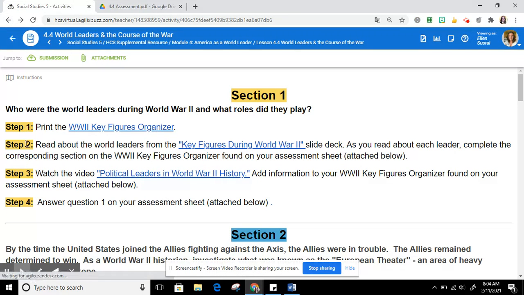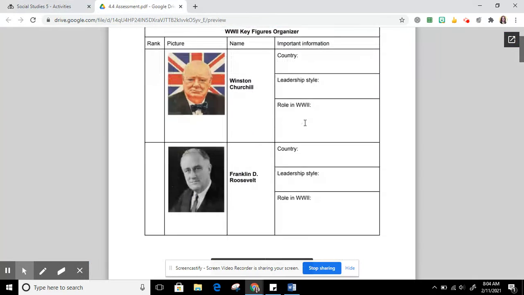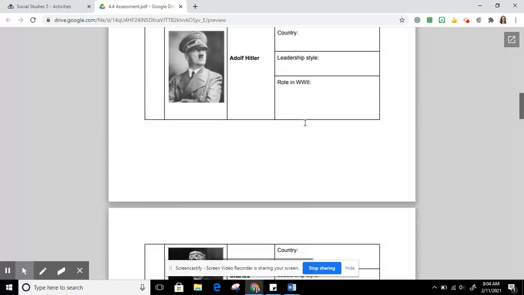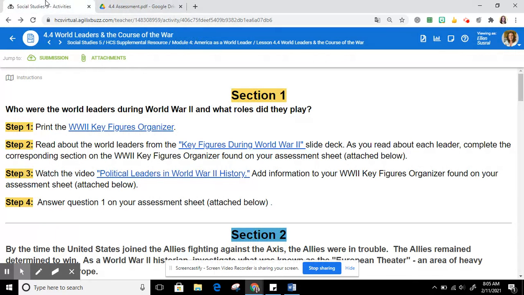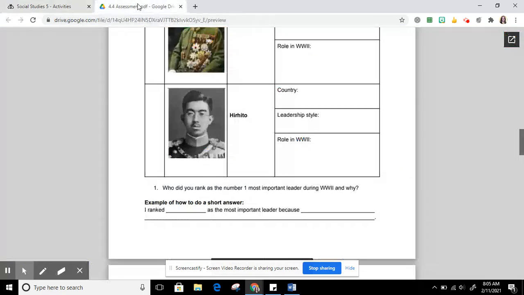So that's step 1 and step 2. Step 3, you're going to watch this video, Political Leaders in World War II History, and add any information to your World War II Key Figures Organizer found on your assessment sheet. After you watch the video, if there's any other extra information that you can add to this chart, you're going to add it. Then step 4, answer question 1 on your assessment sheet.